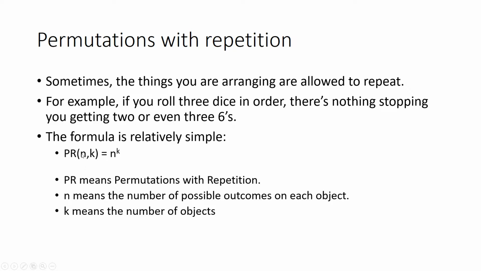So let's say we want sixes on a dice. So PR brackets n would be the number of possible outcomes, which is 6. K would be the number of objects. How many dice are we rolling? And that would be n to the power k.